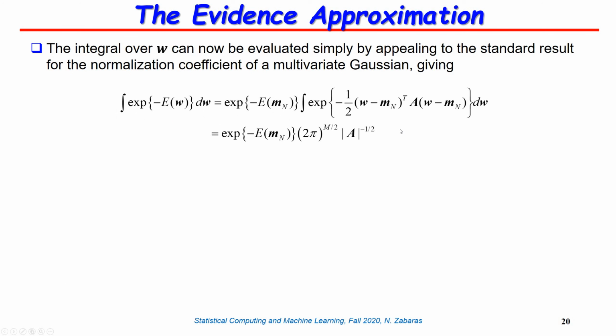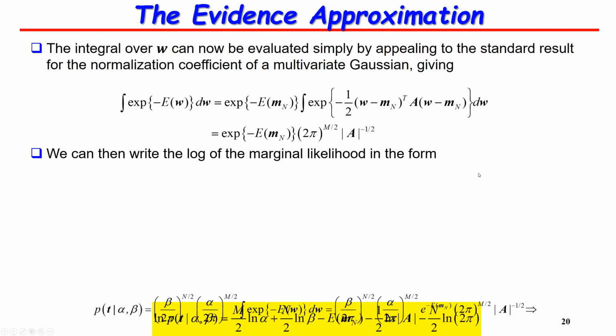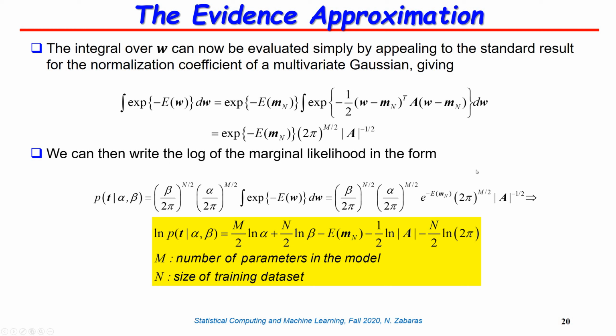So here's the answer. If you put things in the exponential, you get the normalization factor of a Gaussian, and I remind you the dimensionality of W that I take here is M.